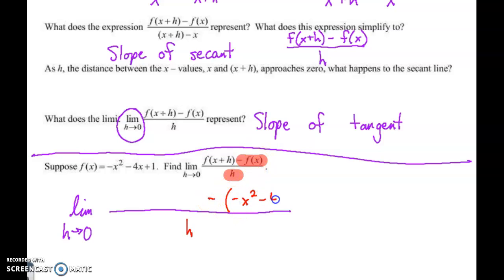Notice that I'm putting in parentheses again. I accidentally kept them the same. And then change f to be, I did not give myself enough room. There we go. Replace my x's with x plus h.